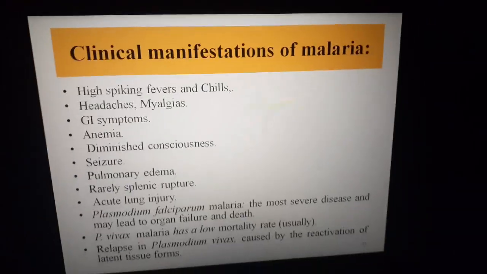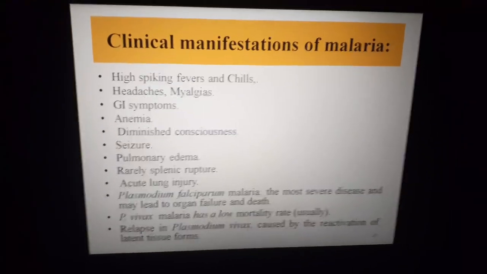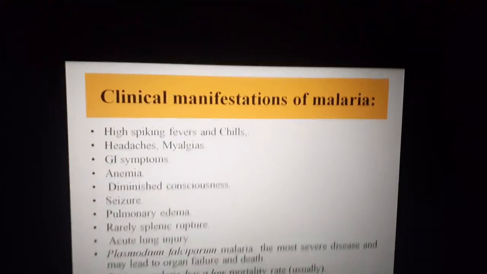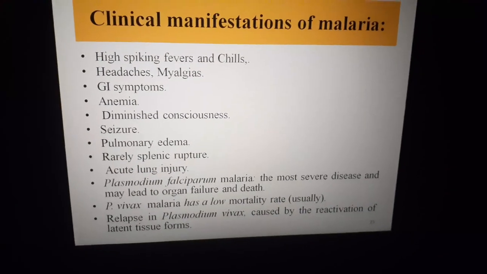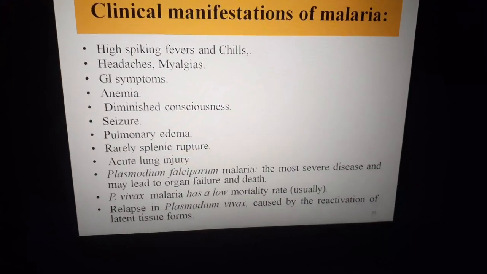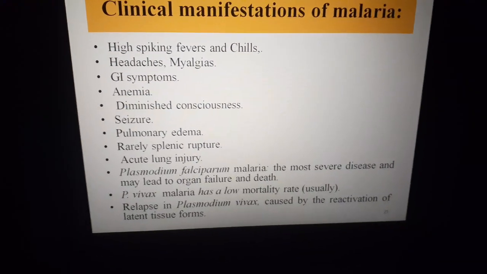We all know the clinical features of malaria. Clinical manifestations include high spiking fevers and chills, headache, myalgias, gastrointestinal symptoms, anemia, diminished consciousness, seizure. Complications may arise such as pulmonary edema, rarely splenic rupture, acute lung injury.